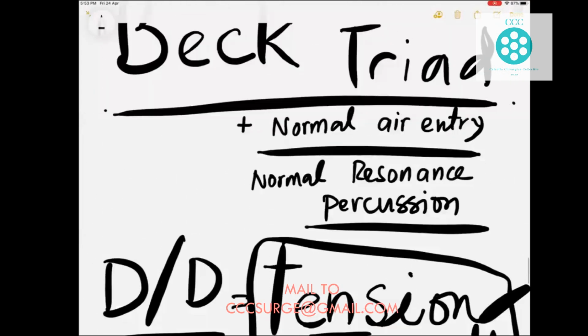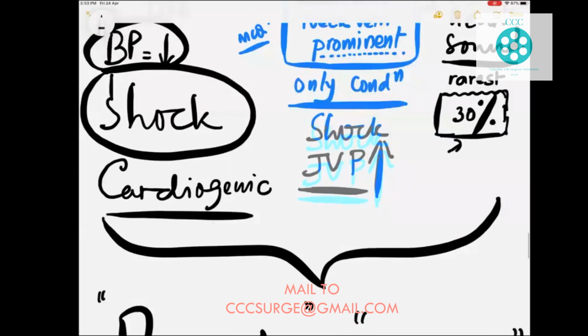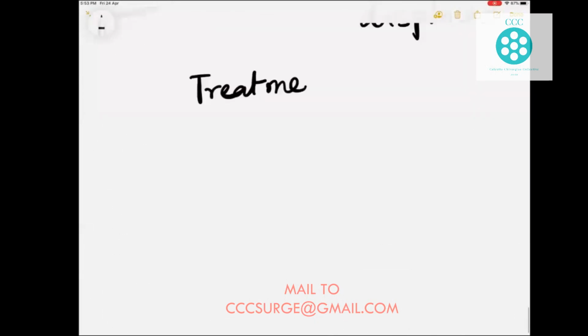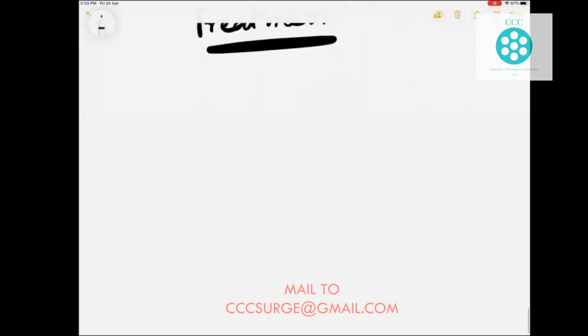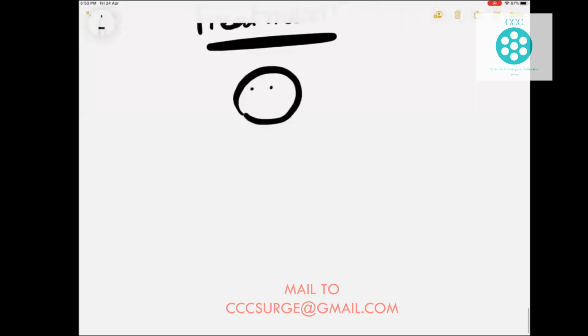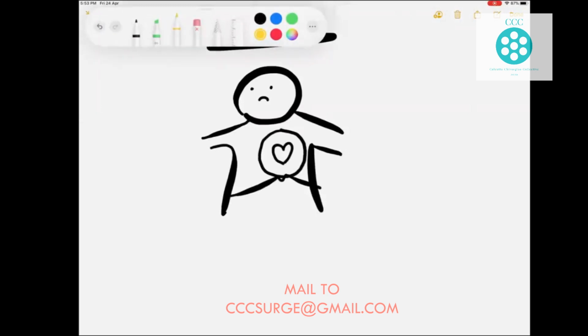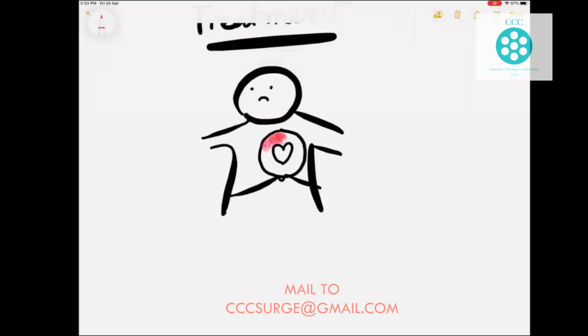Now, final part, how do you treat this patient? If the patient is in distress, remember, this is the xiphoid and this is the heart and this is the pericardium.